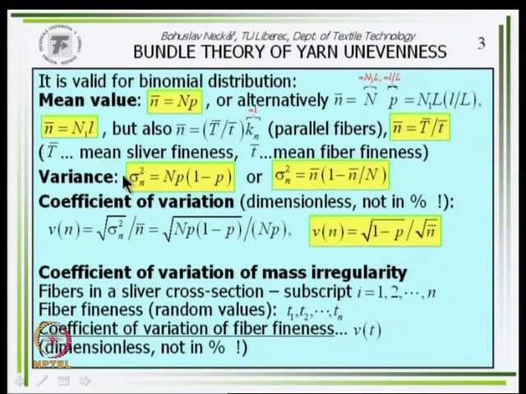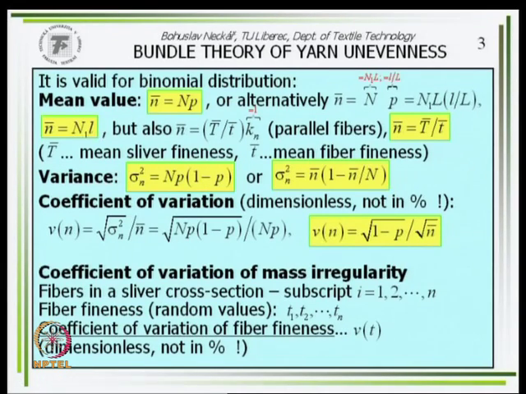Variance, or dispersion, of the number n, the number of fibers covering the point A, is based on our statistical handbook n times p times 1 minus p.